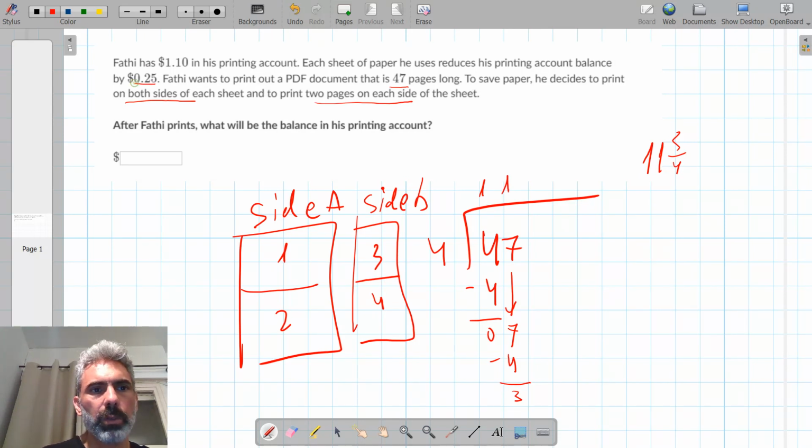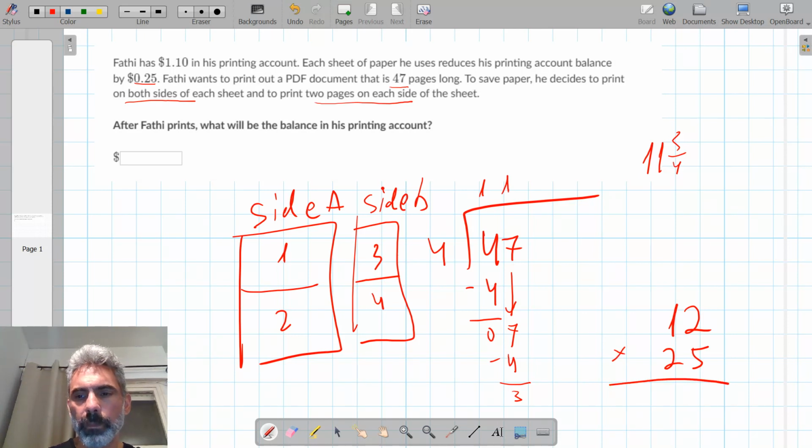Each sheet of paper costs 25 cents, so 12 times 25. 5 times 2 is 10, 5 times 1 is 5, plus 1 is 6, 2 times 12 is 24.